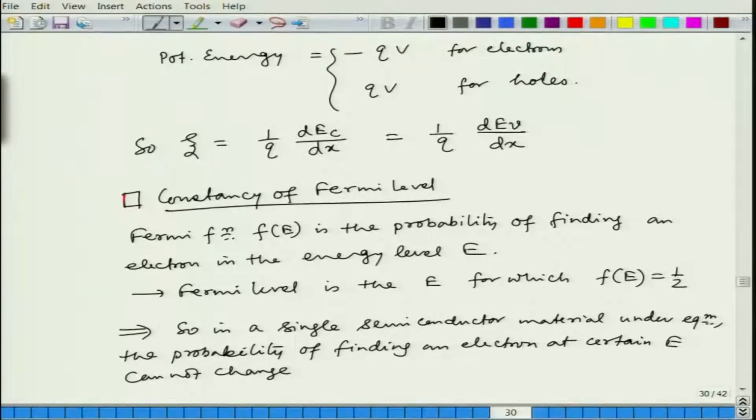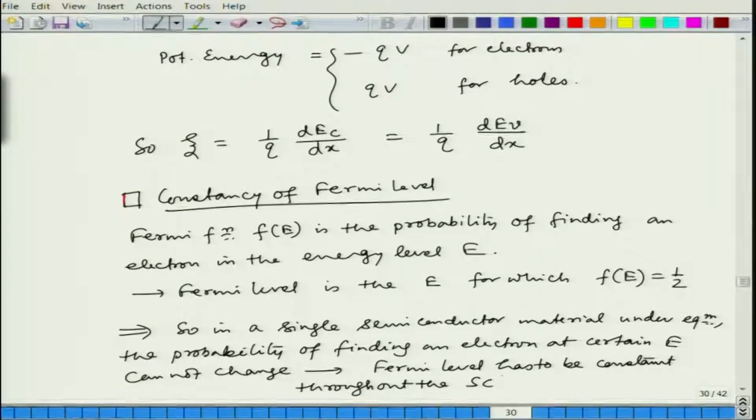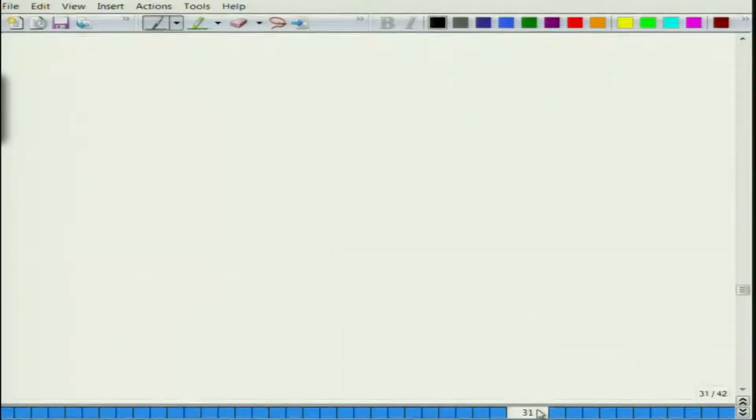So, that means the Fermi level has to be constant throughout the semiconductor material under equilibrium. So, if the probability changes, then there will be some motion, and under equilibrium that motion is not allowed, right. So, that means under equilibrium the Fermi level has to be constant everywhere.